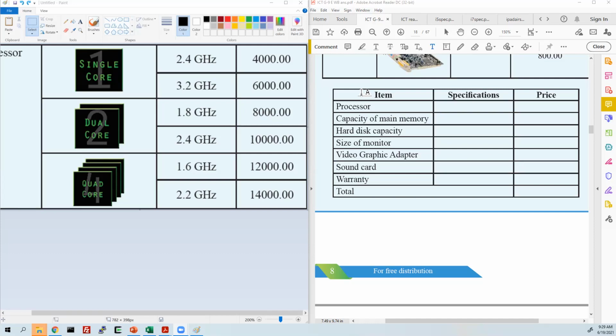Good. Okay. Right. Now let me go back. The second one we have to get is the memory, right? Main memory. So let's select main memory. Let me give you main memory prices.